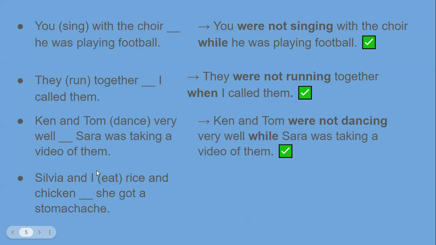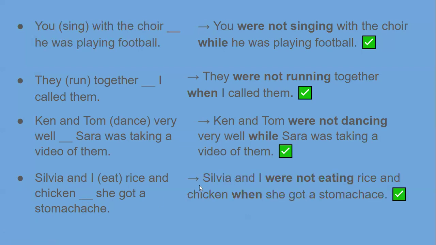For we use the past verb to be were. Make it negative by putting not, make your verb end with an ing to make it a gerund. Second action, simple past, and therefore it means there was an interruption. The correct sentence is therefore, Sylvia and I were not eating rice and chicken when she got a stomach ache.